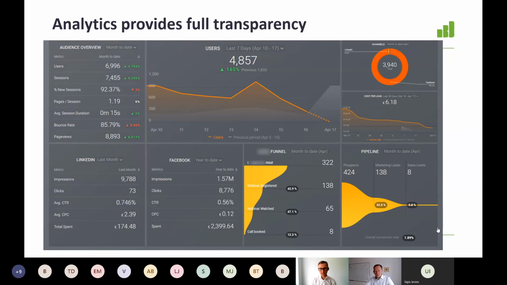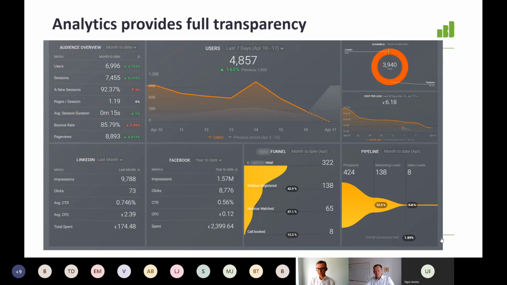What was the impact at every level of your buying journey? How many prospects you attracted, how many leads you converted, and how many sales opportunities you created. And then you can also evaluate what was the cost of all that, and you can work and optimize the whole system to lower the cost.